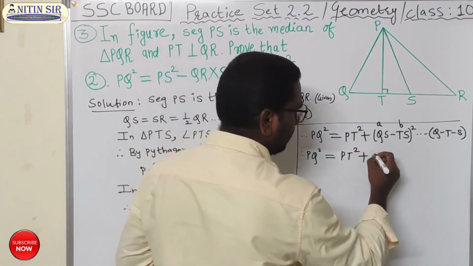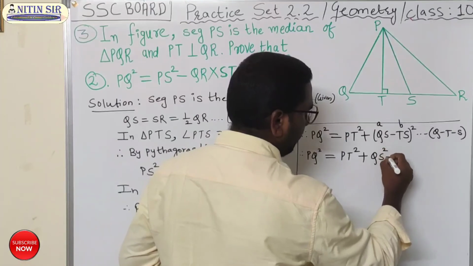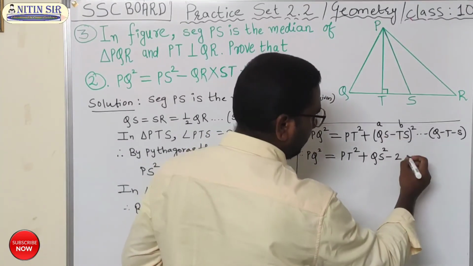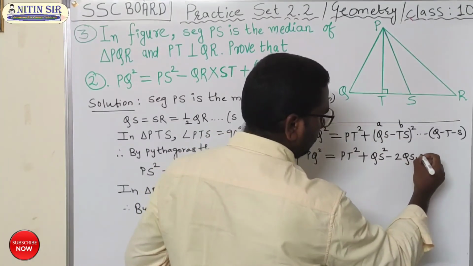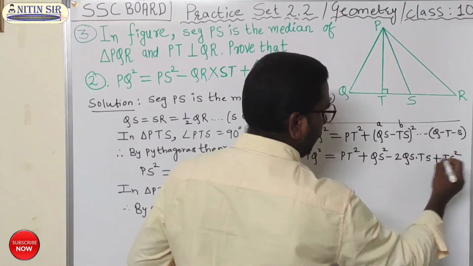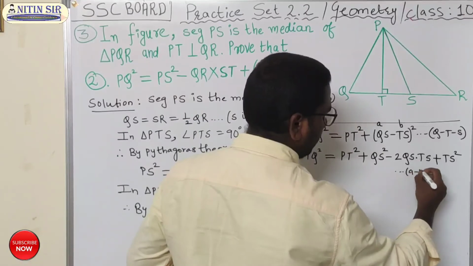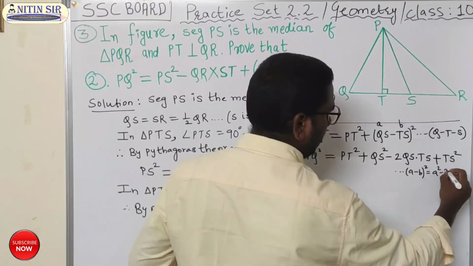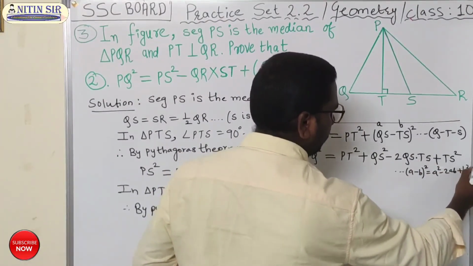So A is QS, so QS square minus 2 QS into TS plus B square means TS square. A minus B whole square is equal to A square minus 2AB plus B square.